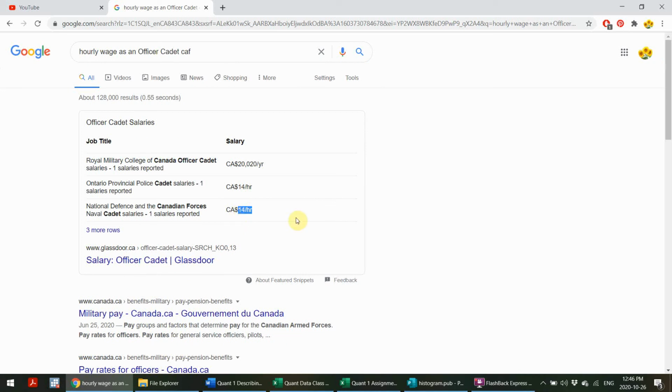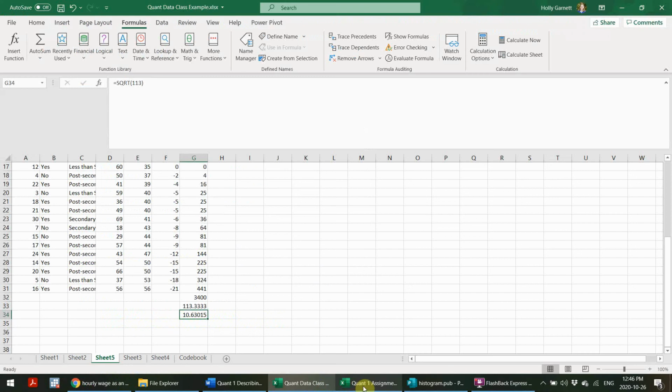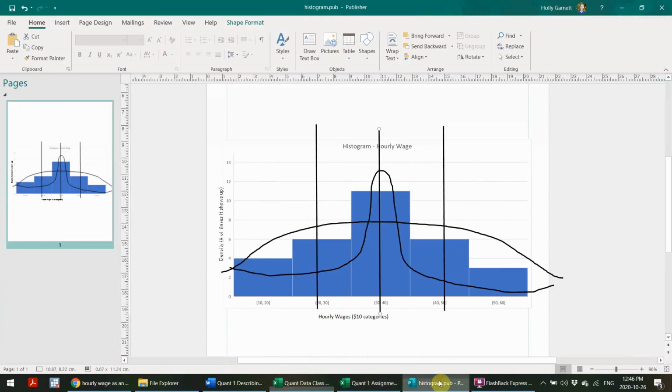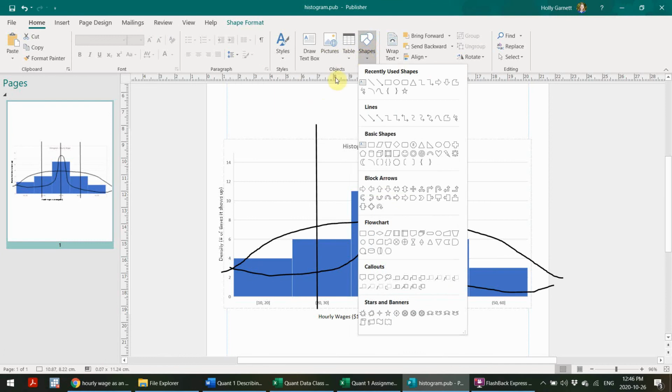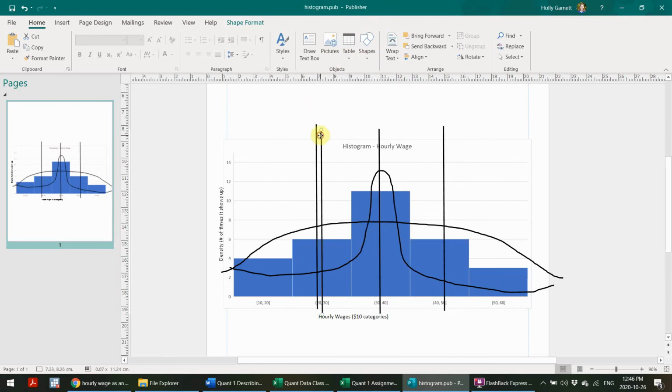All right, so let's pretend you make $14 an hour, which is, I think, minimum wage. So you are more than one standard deviation from the mean. You would be more like hanging out over here. So you guys are definitely not within the bulk of the observations.